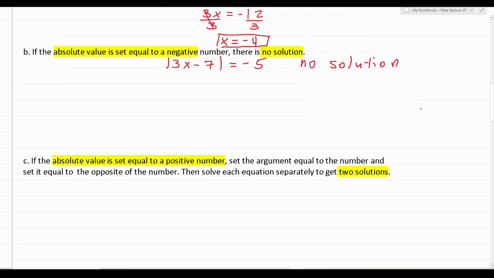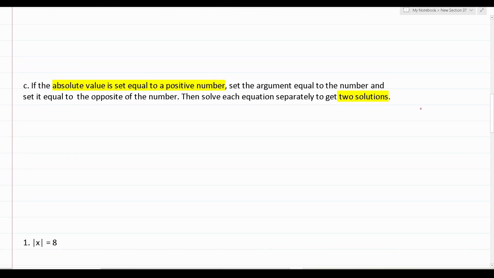So let's just go ahead and copy that down right here. We have the absolute value of 3x minus 7 equaling positive 2. And according to this, we break this apart such that we have one equation equal to positive 2 and the other equation equal to negative 2. And now we just solve them accordingly.